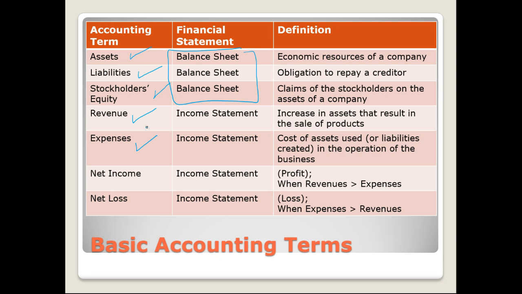And then if I take revenue minus expenses, I either get net income or net loss. Now, we don't like net loss nearly as much because net loss means that the expenses were greater than the revenues. So I have a negative profit. If I have net income, that means my revenues were greater than expenses, so I have a profit. All of these are found on the income statement.